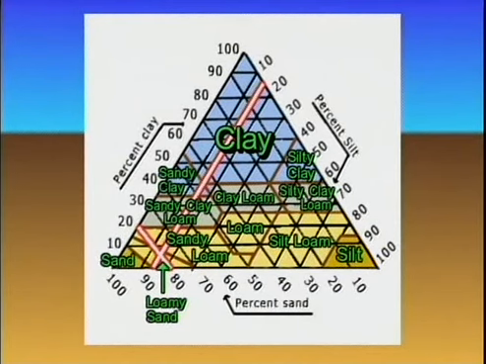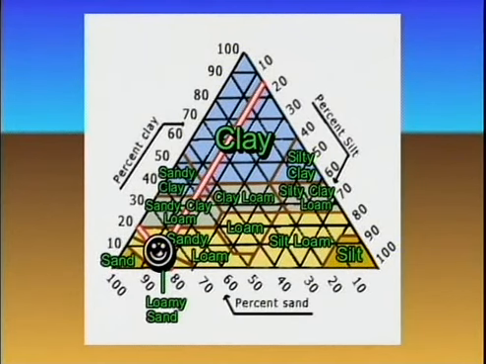So we follow down through the middle of this line to where it intersects with the 80% sand, and it's going to fall here into the loamy sand category. So we're about right there on the textural triangle, well within the loamy sand textural class name.